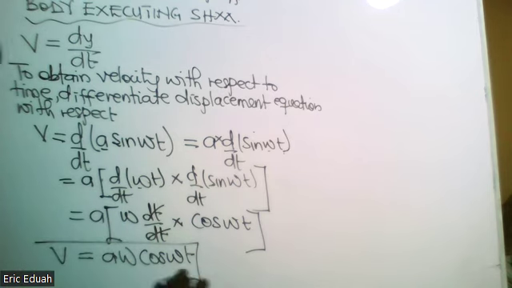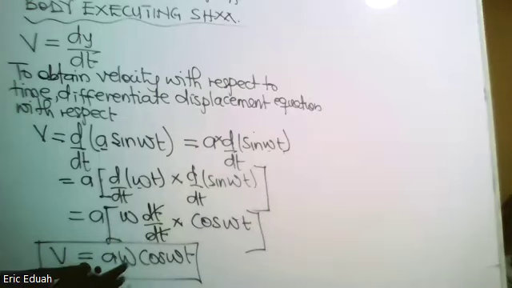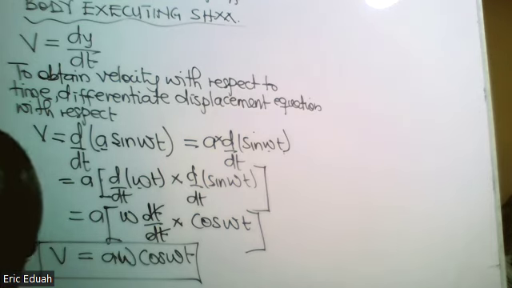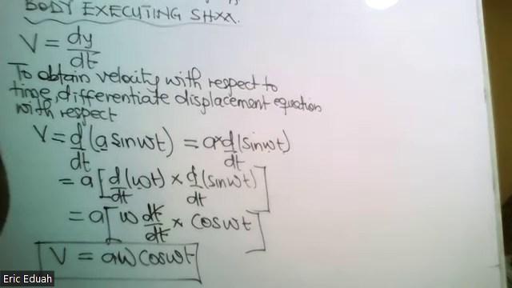So when you differentiate a displacement function along the vertical, this is what you get: the amplitude times the constant angular velocity times cos omega t. I'm borrowing a mathematical concept which you have not been taught. I know it will be something, okay?